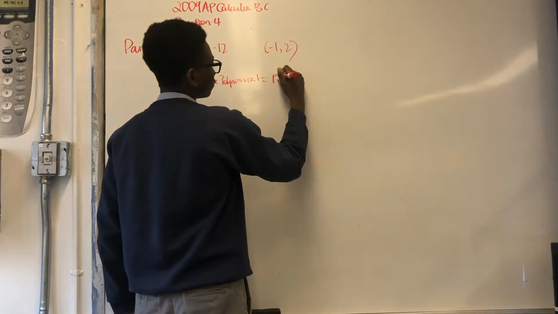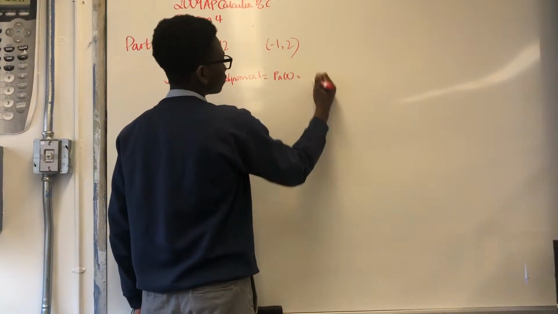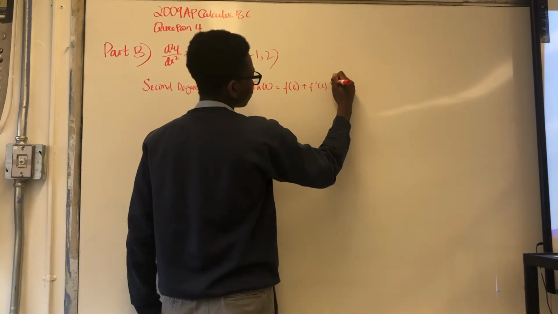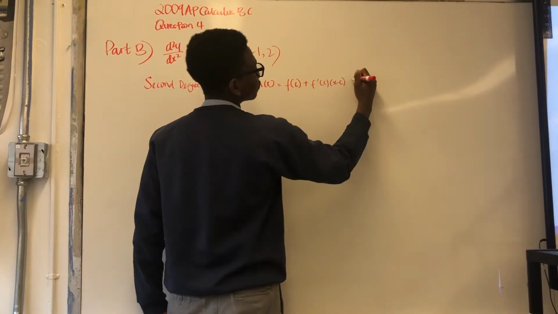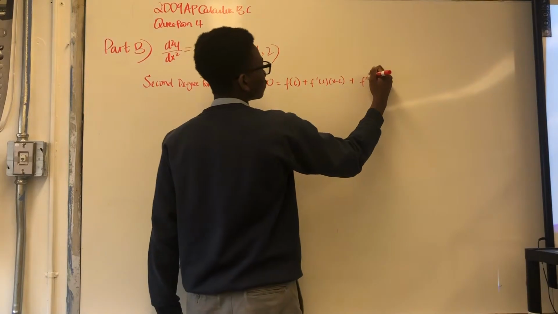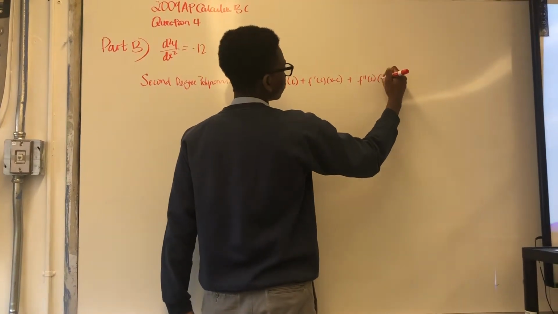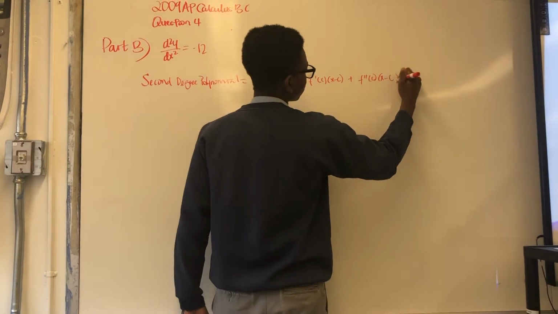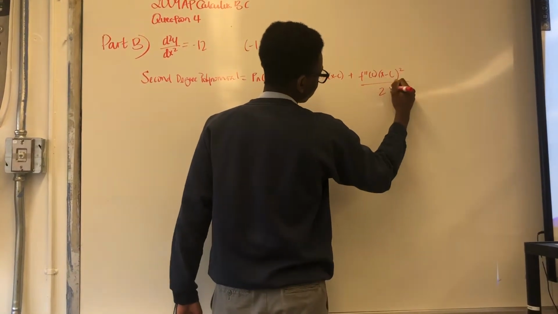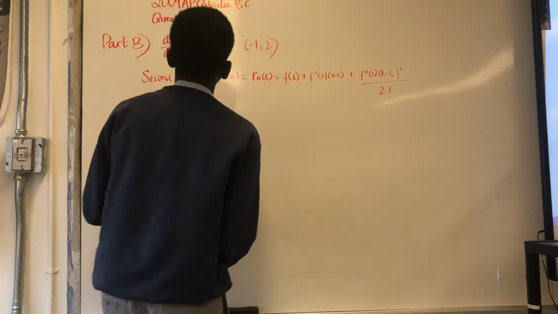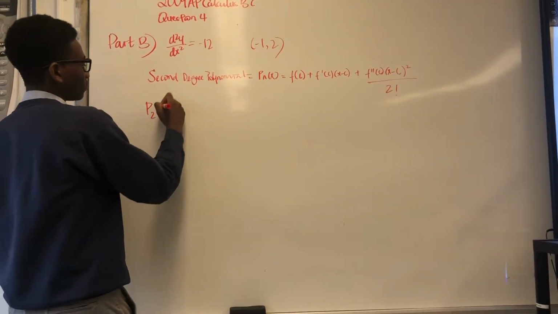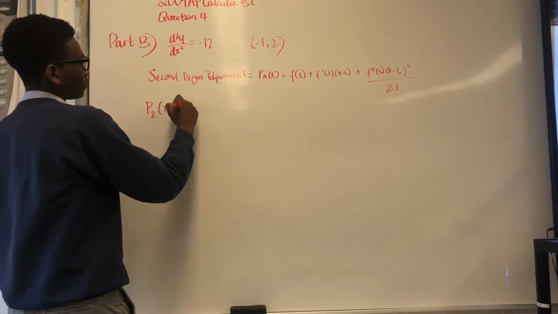So f of c plus f prime of c times x minus c plus f double prime of c times x minus c squared over 2 factorial. And I'm going to stop there because we only need the second degree, and the second degree is the term with 2 factorial. So now what we need to do is plug in negative 1 for c.